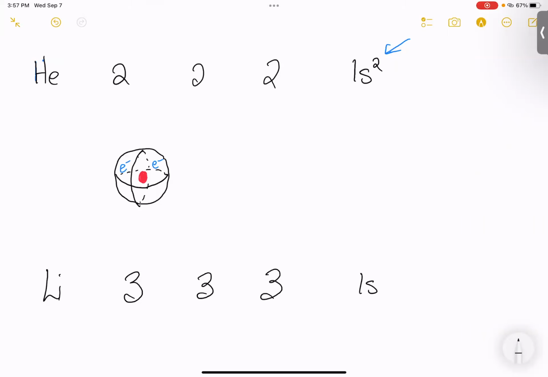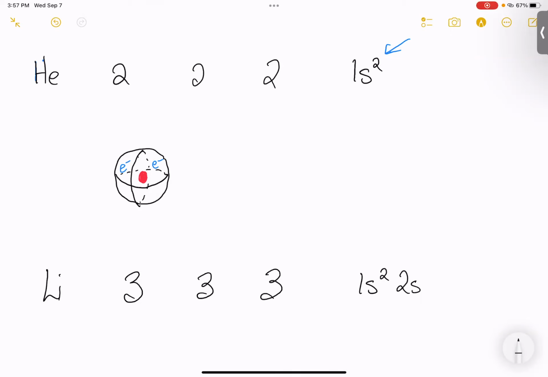And counting all the way across, we have 1s1, 1s2, and we just have to reach lithium. Then you move to the second row, where your principal quantum number is equal to the period number, so it's 2s.